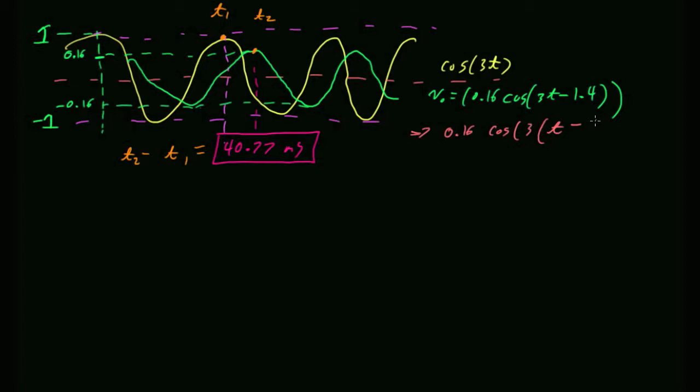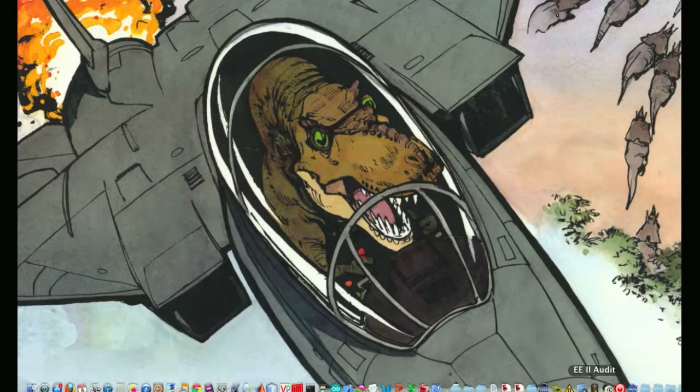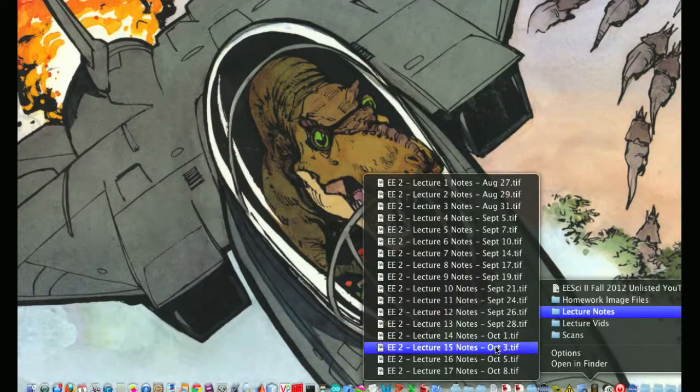Yeah. So 1.4 over 3. Okay, I'm going to get my calculator out. 1.4 divided by 3. You're not going to believe this.